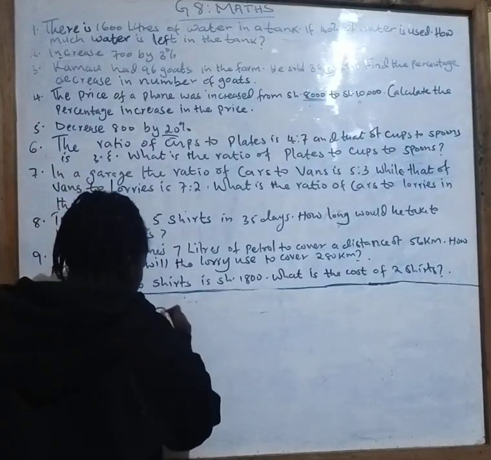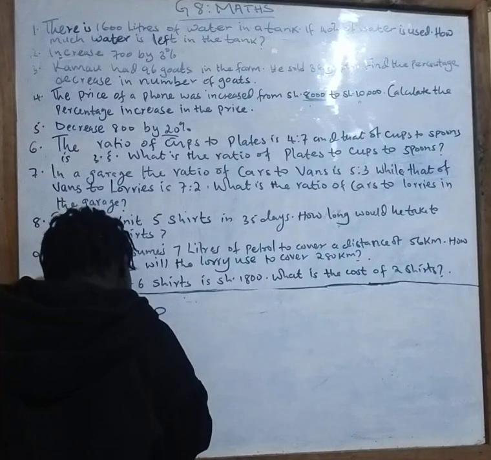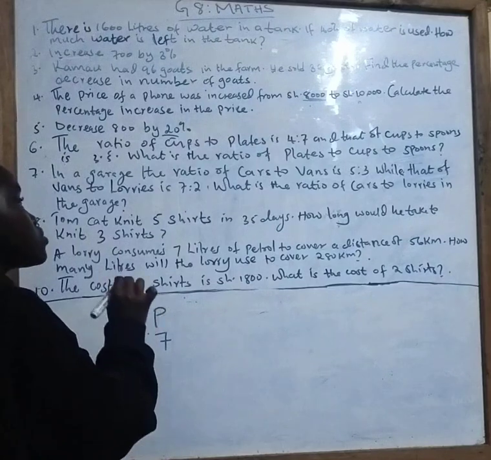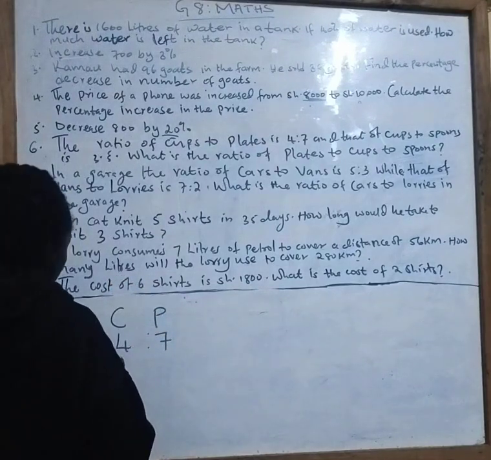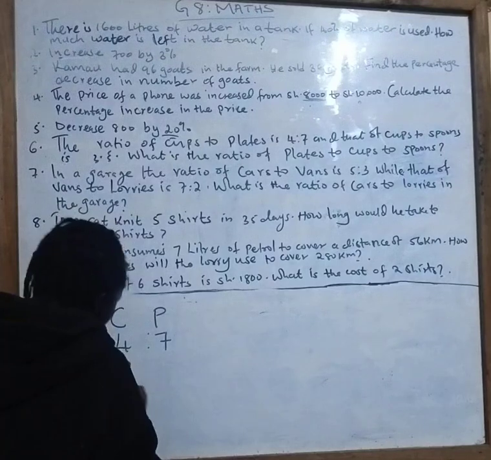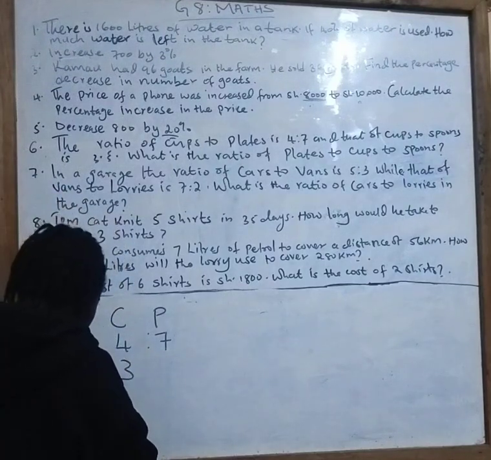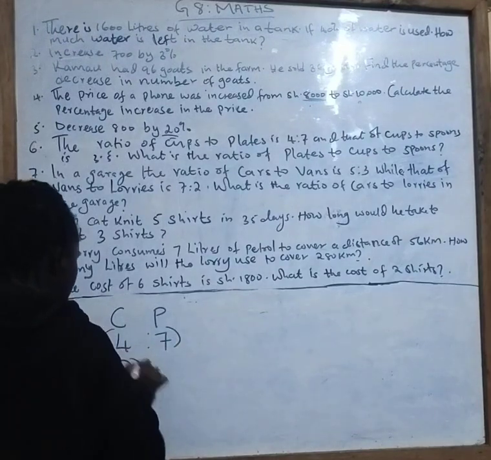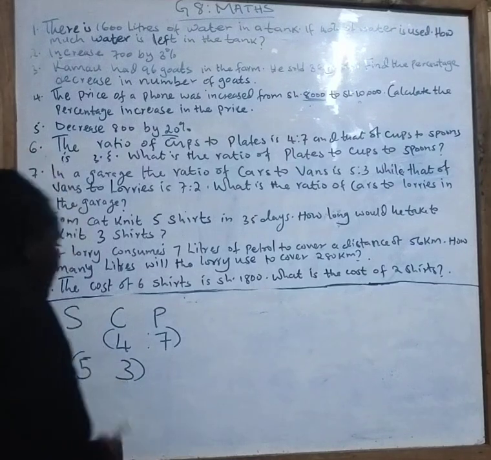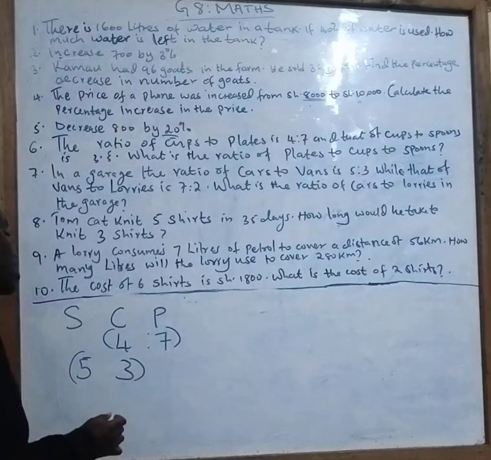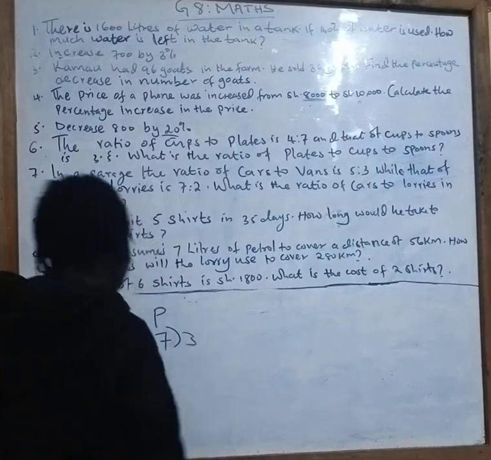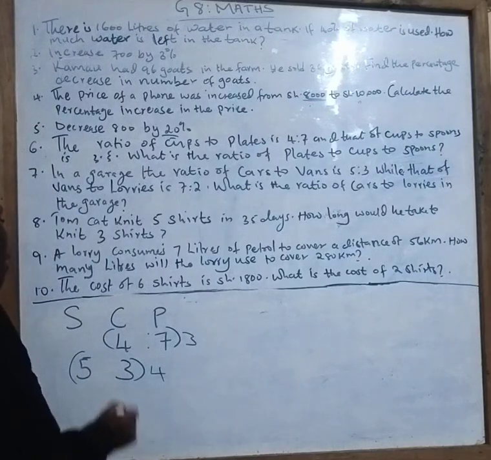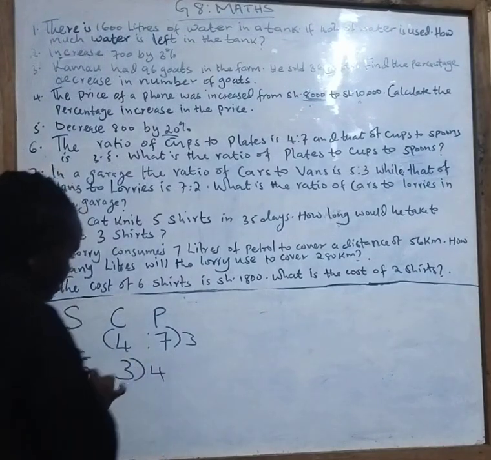Now, cups is 3 and spoons is 5. In the first ratio, you will multiply it by 3. And in the second ratio, you will multiply it by 4. Okay, I will open both brackets.